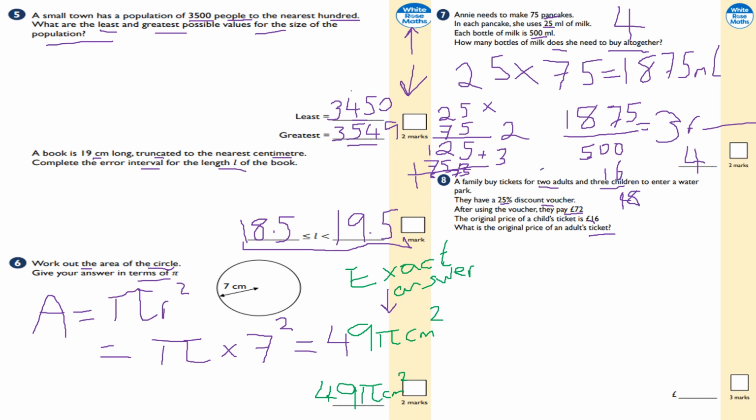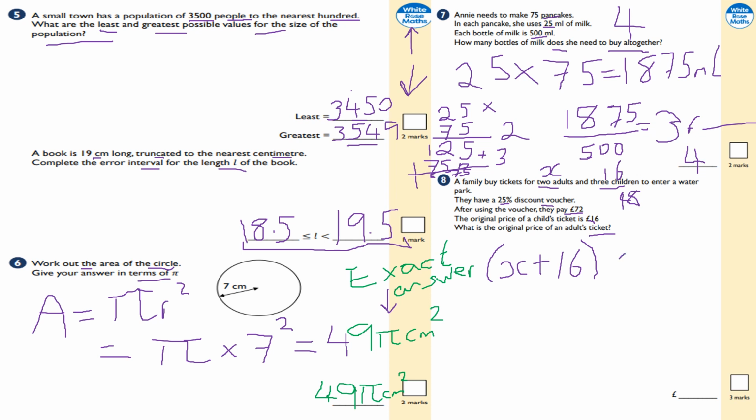Now for adults here, we'll call that X. So we've got an equation. We've got X, which is the price of an adult ticket, plus the price of the child tickets, 48. So this is what we call my original price. Now they have a 25% discount voucher, so they are paying 75% of the amount.